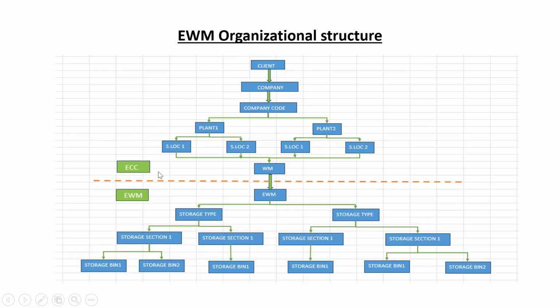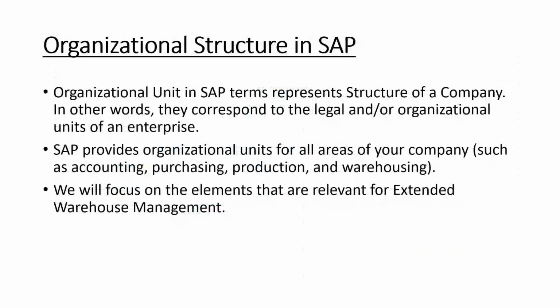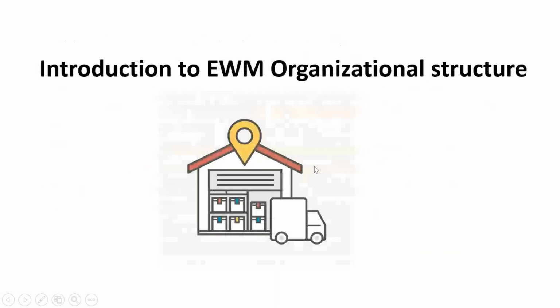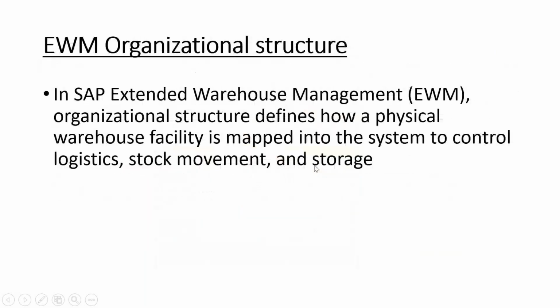I have a doubt. For example, at the top, client and company code are there, no? The same comes under EWM also, right? Yes, it comes under EWM as well. The client and company code in the SAP system, I told you the definition of organization structure, right?